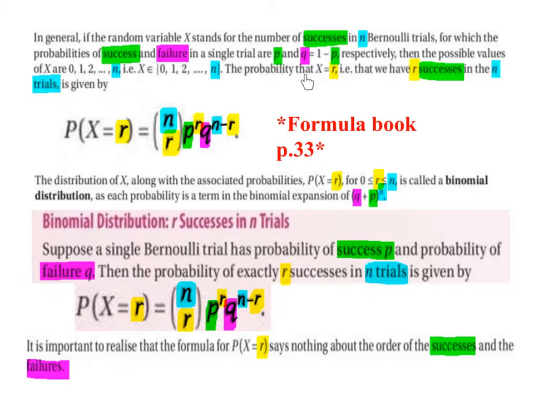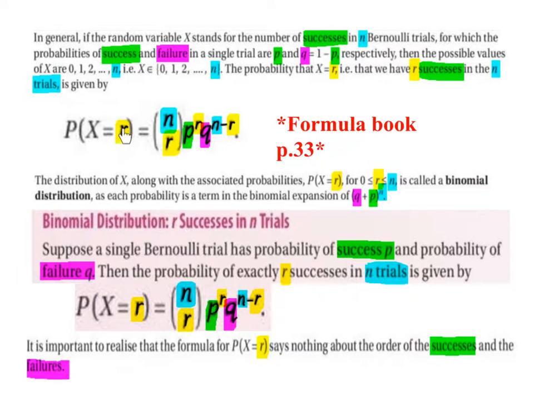The probability that X is equal to r, i.e. that we have r successes in the n trials, is given by the probability of X equal to r, which is equal to n choose r times P to the power of r times Q to the power of n minus r. So we actually worked with this formula in the last slide, we just didn't use the actual formula.